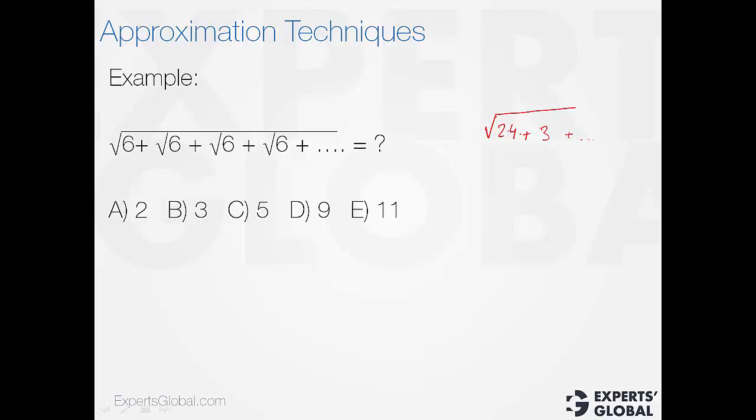So the square root of 2.4 plus 3, the square root of that, is the square root of 5.4. And this is the part I'm talking about from here. I took 2.4 for this one, and the rest of it all just adds up to roughly 3.